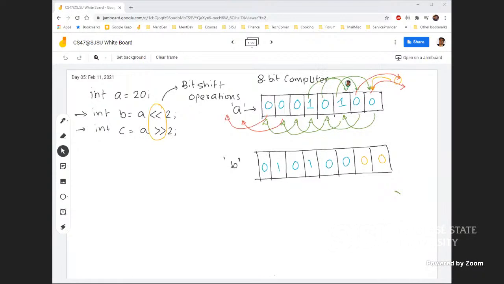And what happens to the rest of these 2 positions? 0 will be inserted here. So at the end of this operation, it will result in a bit pattern like this.